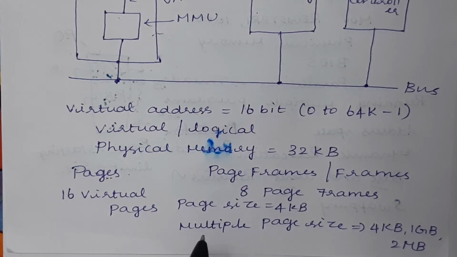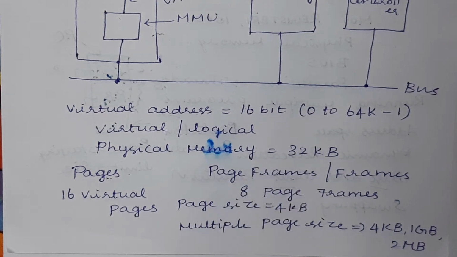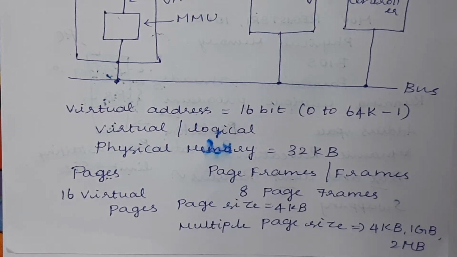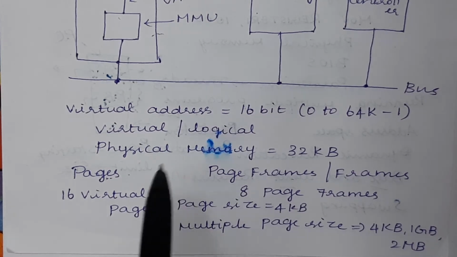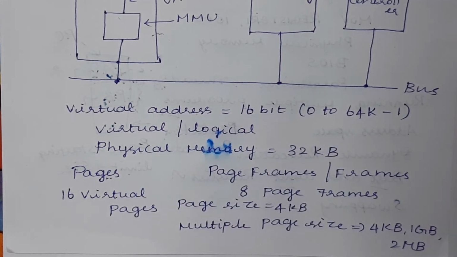Here, if your virtual address space extends up to 64K, then the address you produce uses 16 bits. If you are generating a 16-bit address, the virtual address space can hold up to 64K locations. So the size of the virtual address space is 64K, ranging from 0 to 64K minus 1.